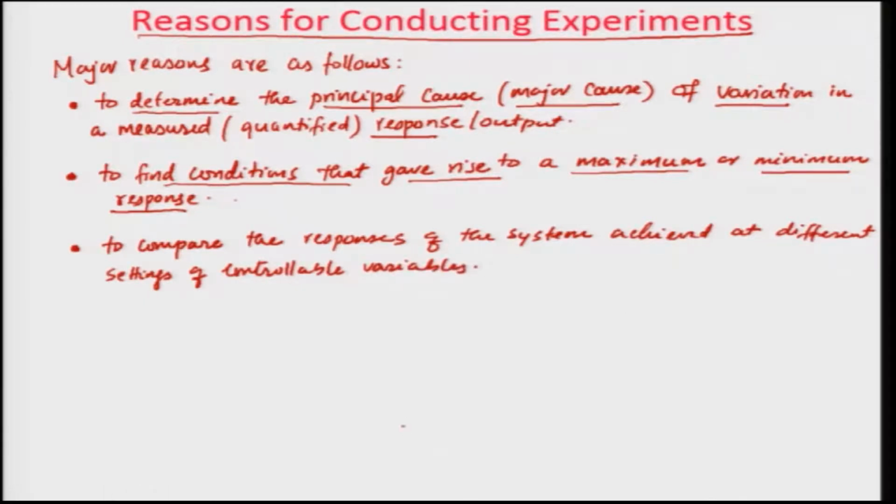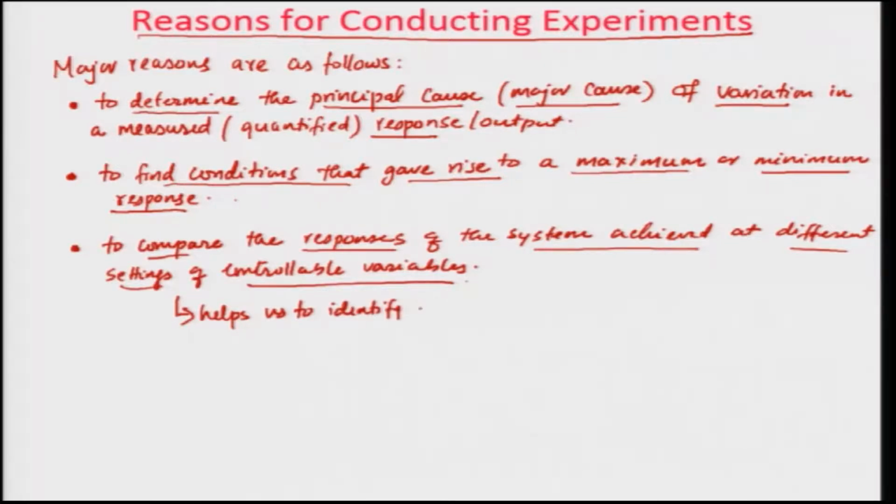What responses did the system show for different settings of controllable variables? This is of importance to us because it helps us to identify easily achievable settings.